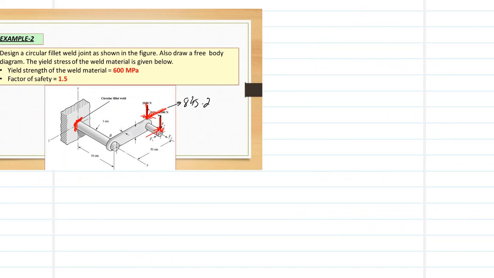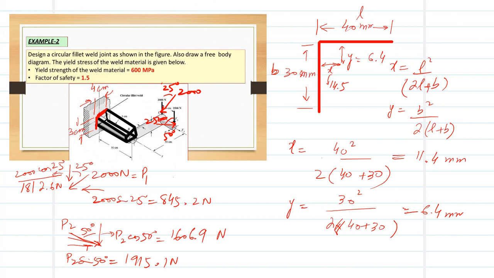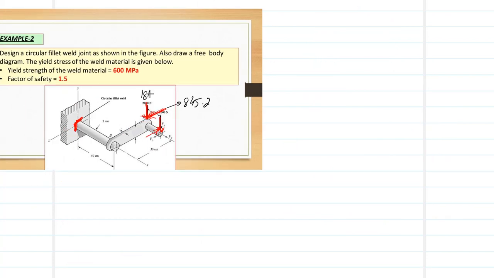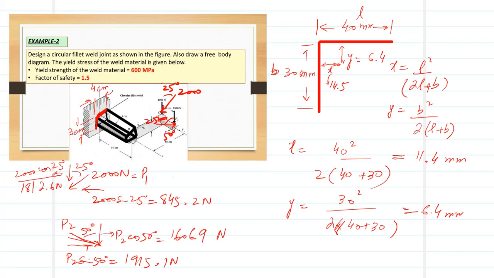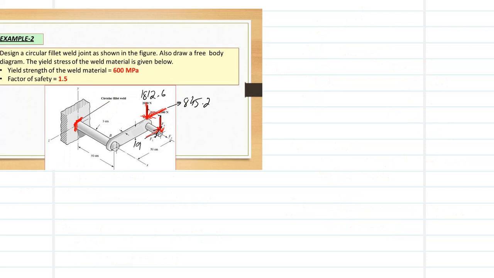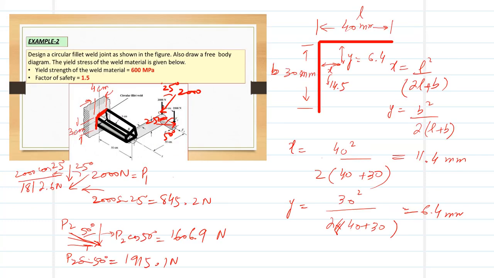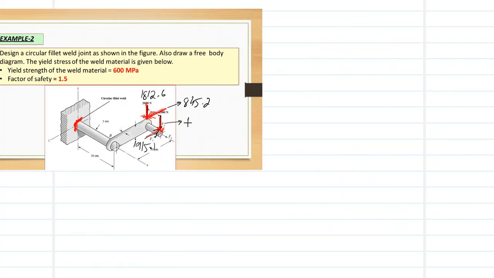The vertical component is 1812.6. This horizontal component is 1915.1, and this vertical component is 1606.9. So we have four components, and the configuration is an L shape.